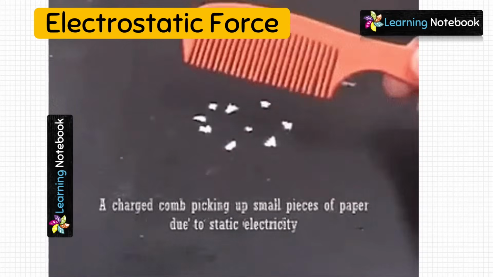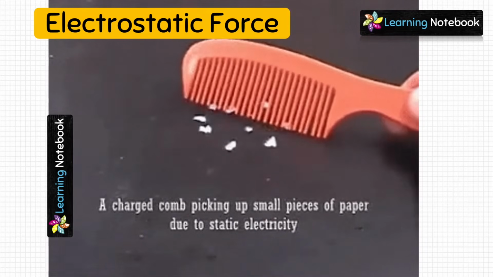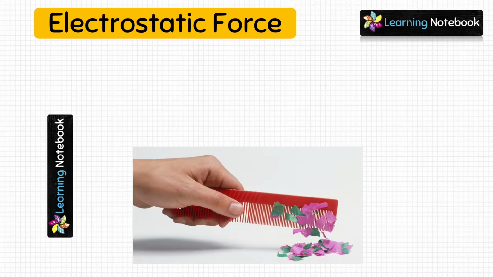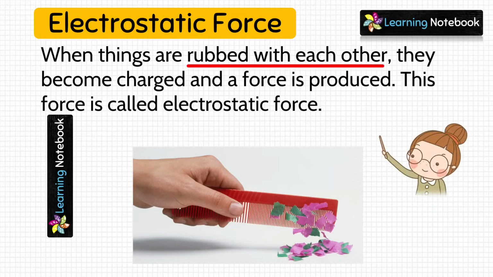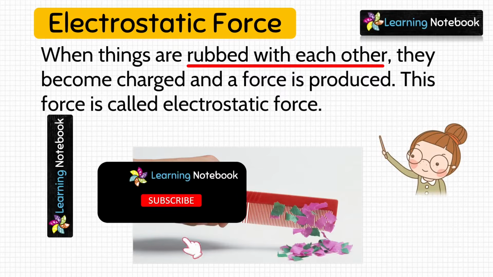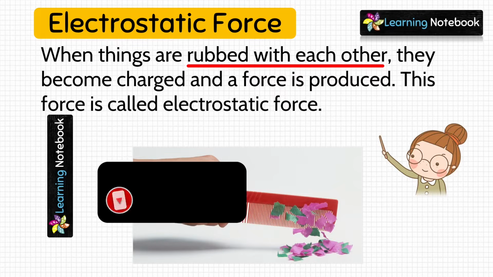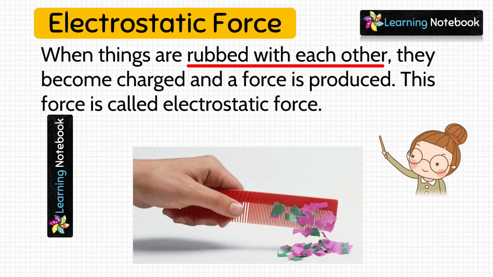This type of force is called electrostatic force. So by definition, when things are rubbed with each other, they become charged and a force is produced. This force is called electrostatic force.